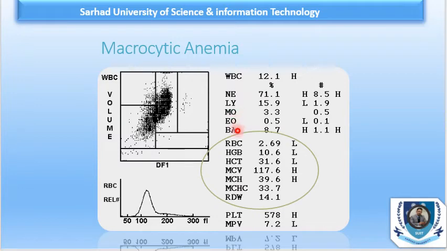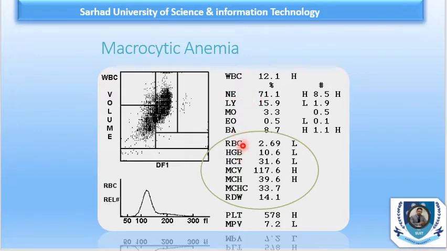Eosinophil, monocyte, and basophil: here we have high basophil as well. So in WBCs, we have high WBC count along with slightly high neutrophil count and high basophil count over here.